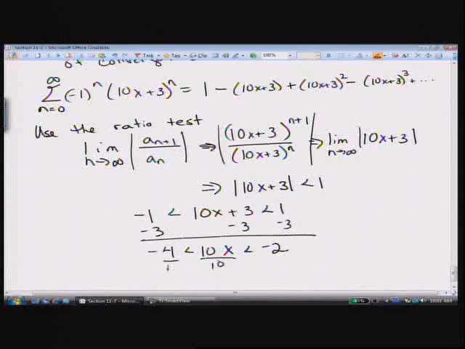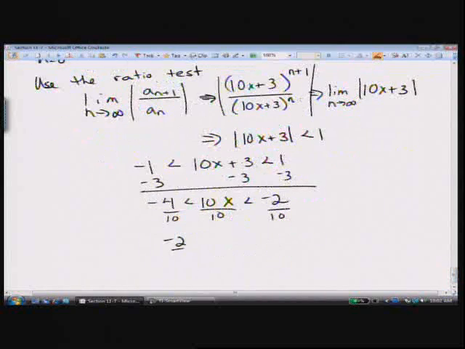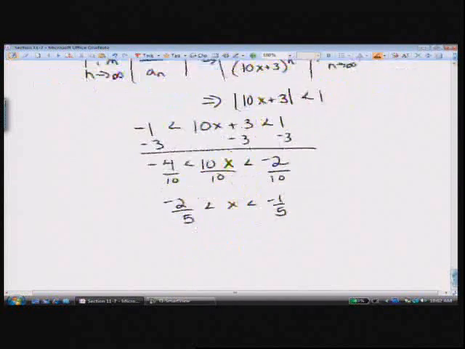Then you'll divide everything by 10, and you'll get negative 2/5 is less than x, which is less than negative 1/5. Okay? That's your interior convergence interval. But what you need to do is plug negative 2/5 into the original function, and negative 1/5 at a different time, to see what the convergence would be at the endpoints.